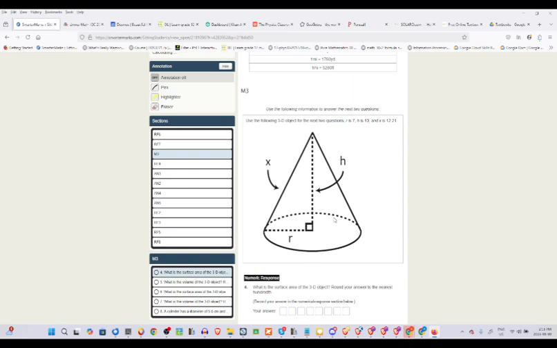So, okay, pi times 7 squared plus pi times 7. If we use the 12.21 we're given to the nearest hundredth, it's 422.45. If instead of using the 12.21, we do our exact calculation, 7 squared plus 10 squared, that works out as 422.37.